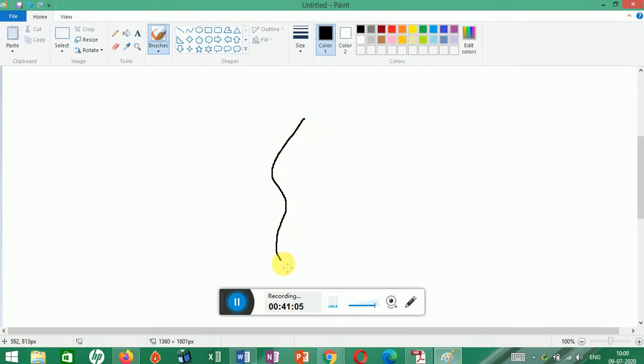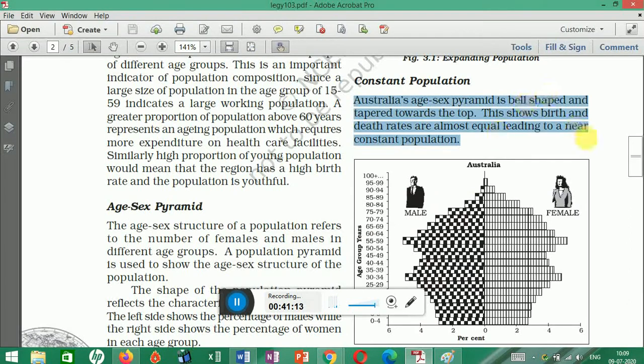It means that birth rate and death rate are almost equal. For example, birth rate, let us say 100 per 1000, and death rate also almost 100 per 1000. That means population growth is very slow, and there will be a constant population. The population is not growing.